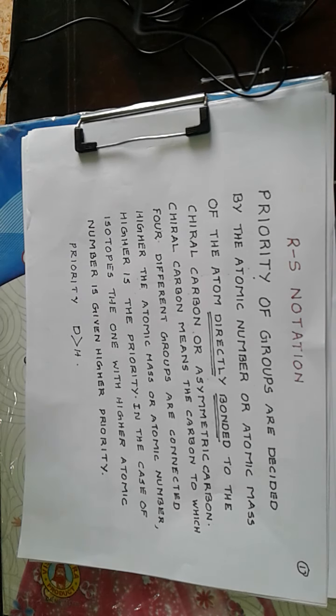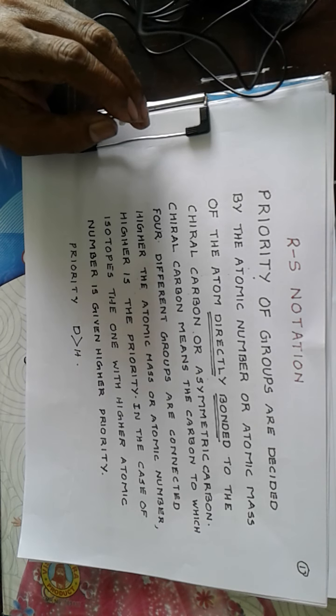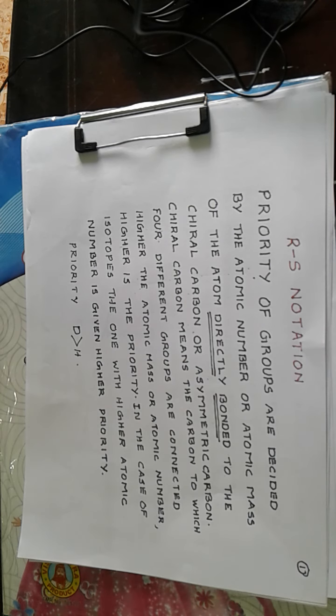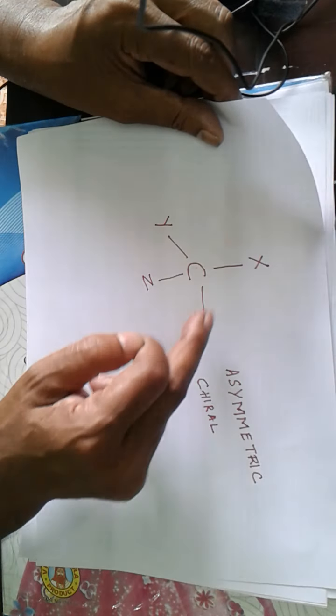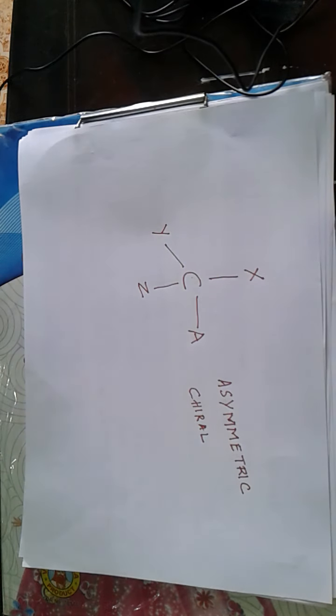Now, before naming compounds based on their property in an asymmetric molecule, based on RS notation, we have to assign priority of groups around the asymmetric carbon. So priority of these groups around asymmetric carbon has to be assigned for denoting them by RS notation.